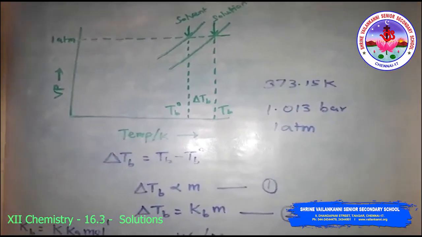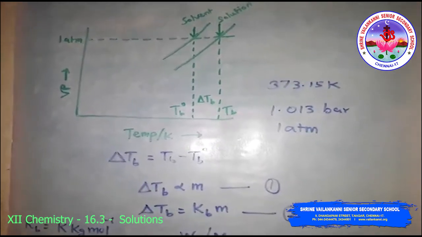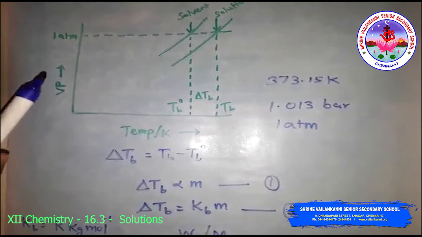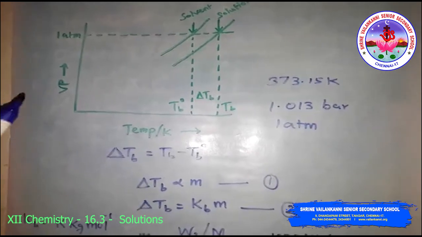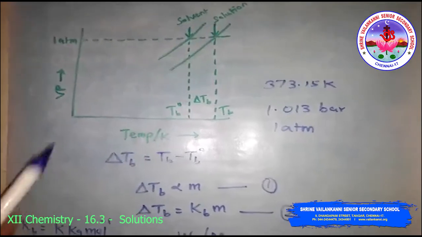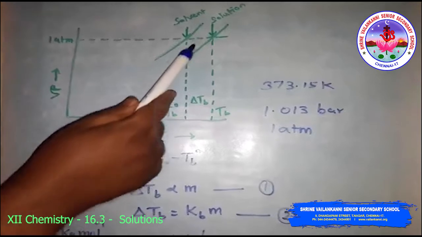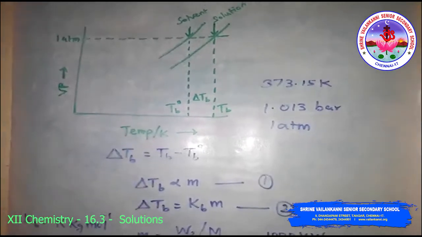Thus the boiling point of the solution is always higher than the boiling point of the pure solvent in which the solution is prepared. Look at this. This is the solvent line and this is the solution line.